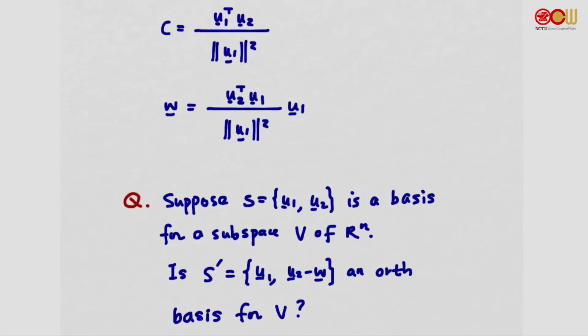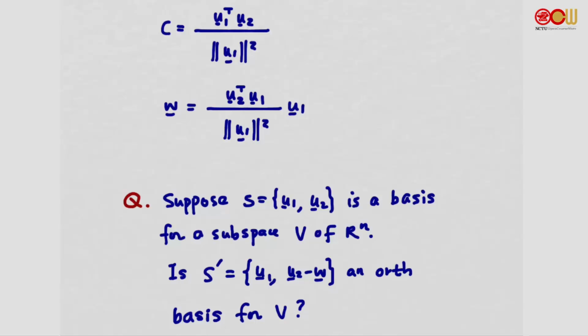A question: suppose S is a basis for a subspace V of Rn. Now S prime is equal to U1 and then U2 minus W. W is the orthogonal projection of U2 on the line of U1, like what we have here. Is this S prime an orthogonal basis for V?